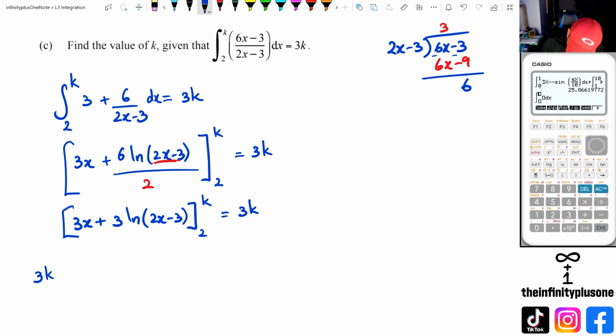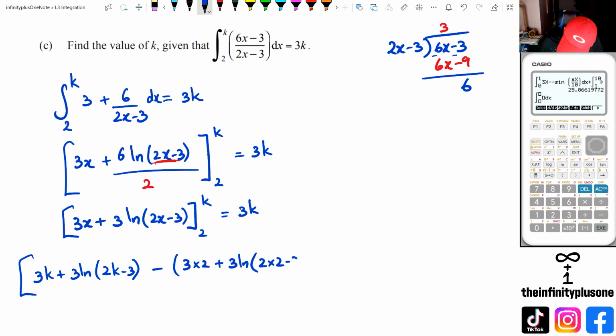So I'm going to get 3k plus 3 ln of 2 times k minus 3, minus, I'm going to get 3 times 2 plus 3 ln of 2 times 2 minus 3. Close the bracket, and all of this is equal to 3k.